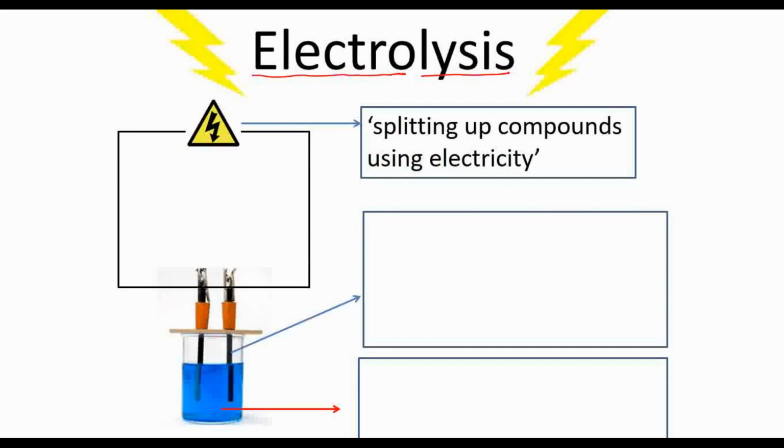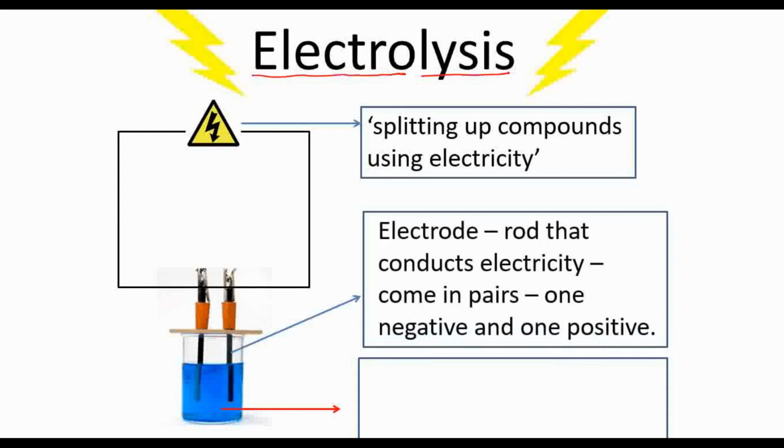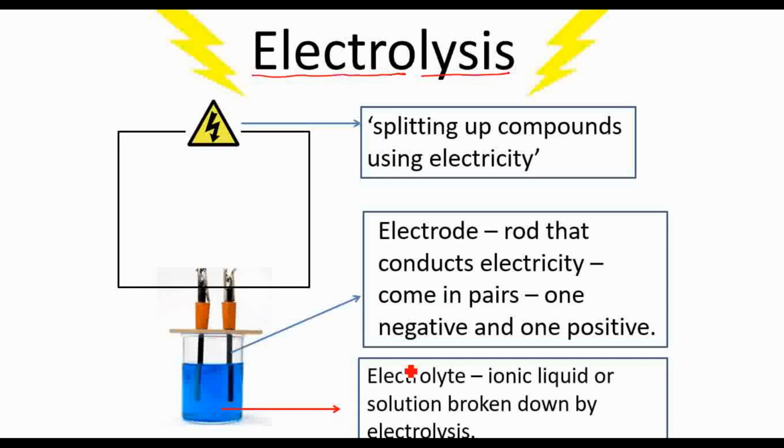Okay, now you need to ensure that you have an understanding of the setup. So here we have the two electrodes, one on the left, one on the right, and that is what conducts the electricity. Okay, that's what takes the electricity to the solution. One is going to be negative and one is going to be positive. Okay, then you have the electrolyte.